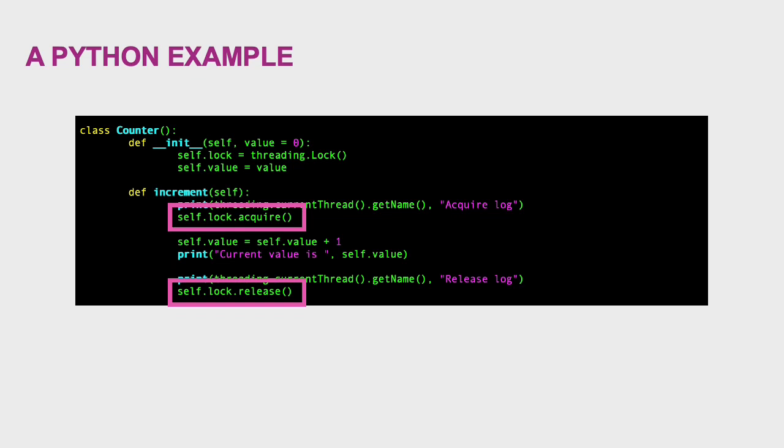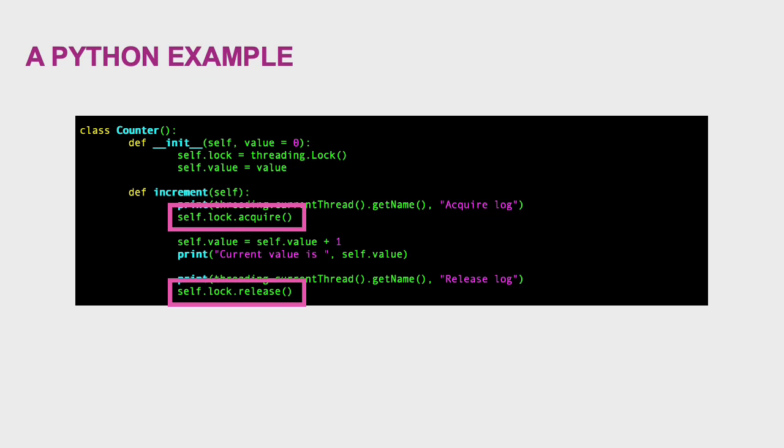As we said before, easy, we need to protect shared resources with a lock. So we have lock acquire, and this guarantees that a single thread can be executing in the critical section, whereas all others may be waiting or executing somewhere else.